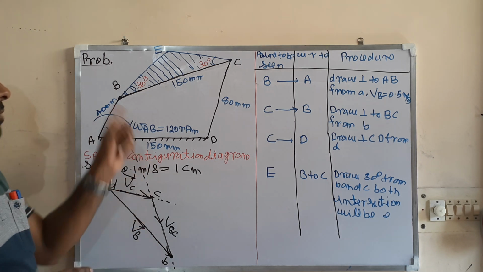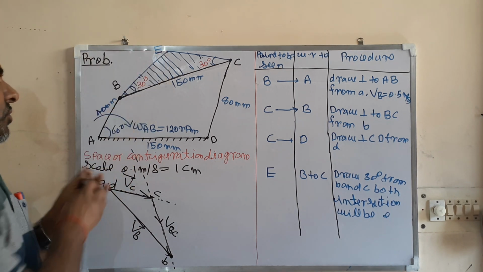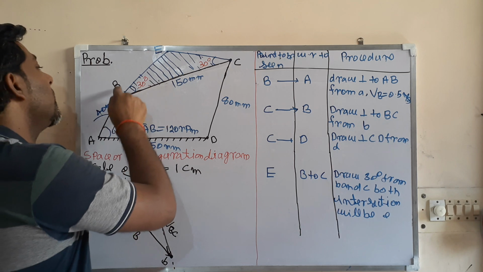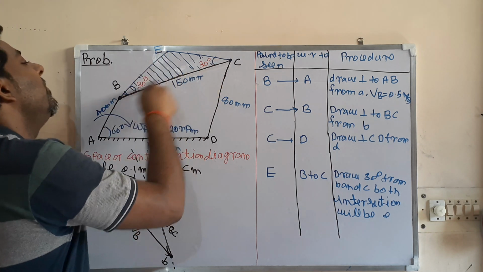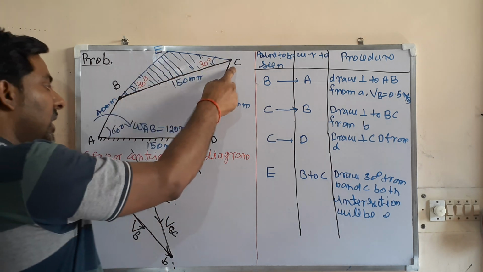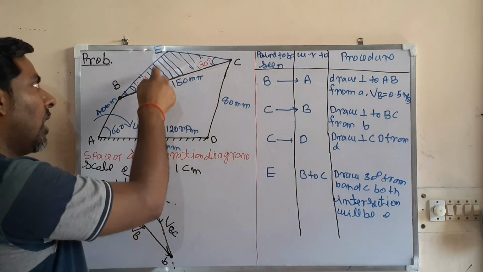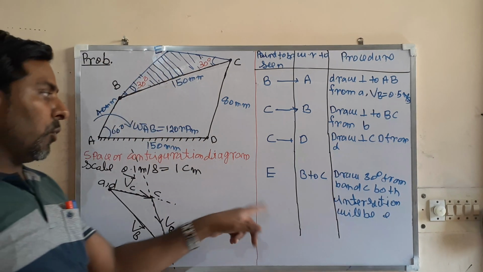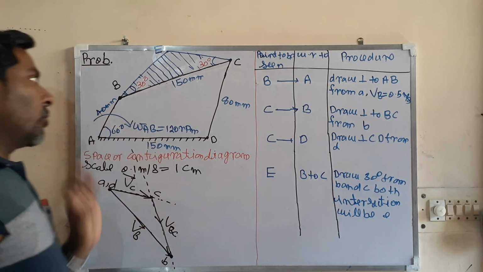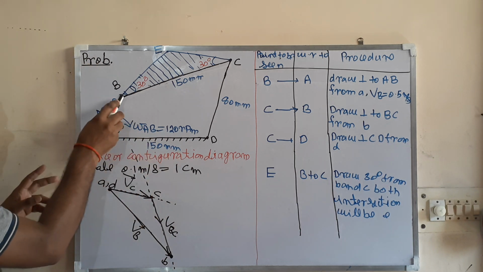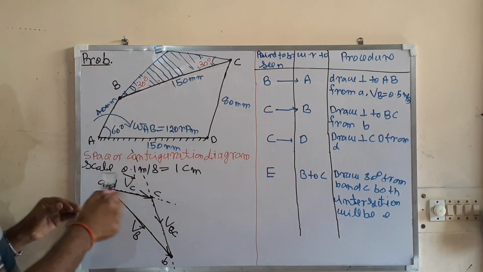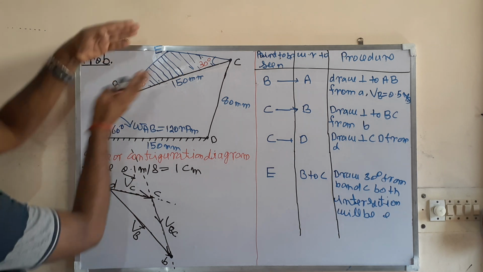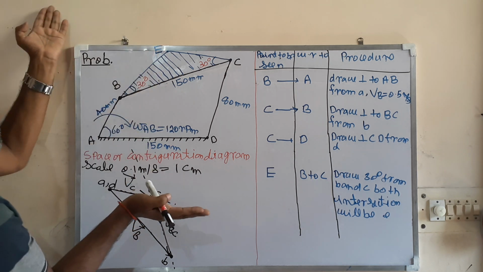Now there is one more point, that is E. This link is BCE. So you saw B, you saw C, they are fixed. Now you have to see the point E. You sit at the point B, see to the point C, and you see whether this E is on the right side or on the left side.